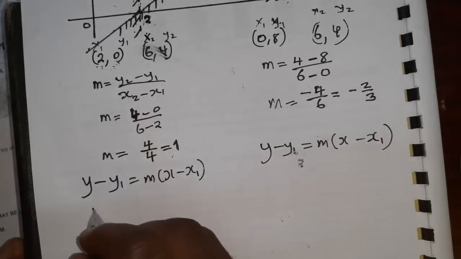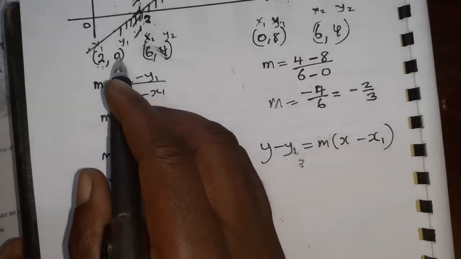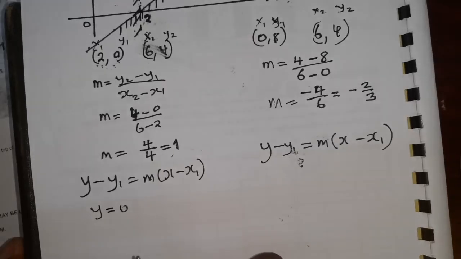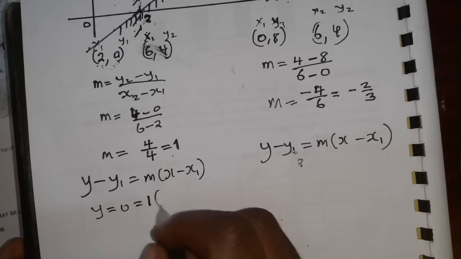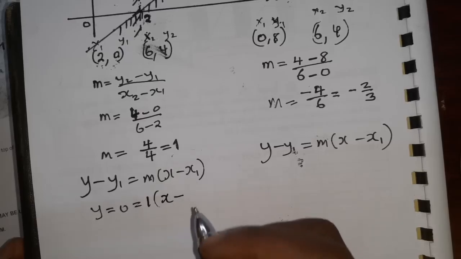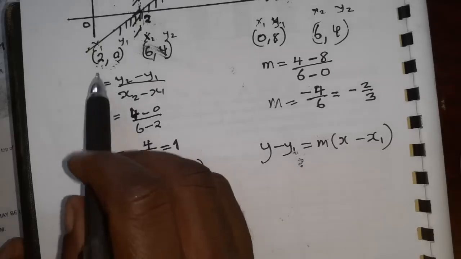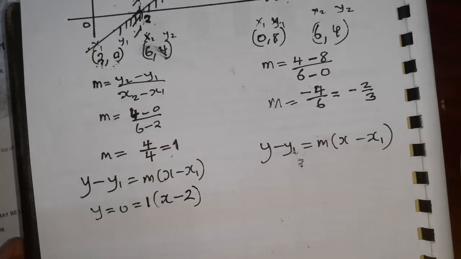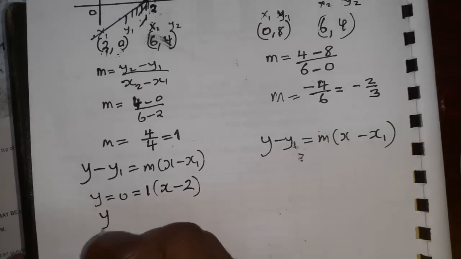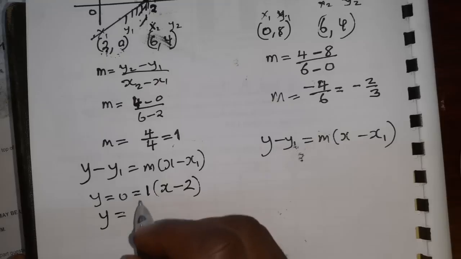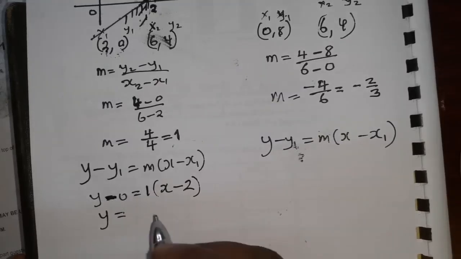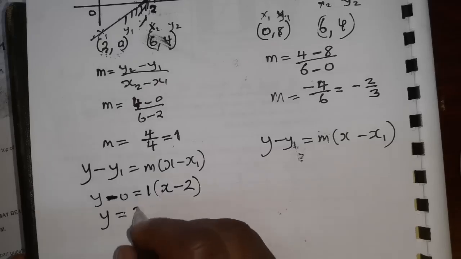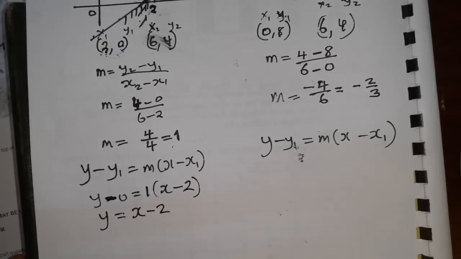What is our y1? Our y1 here is 0. So I'll write 0. This is equal to 1 times (x minus 2), which is this one here. Then I'll go on now and say, oh, sorry. This is supposed to be minus here, minus. Then when you distribute this one, you end up with this.